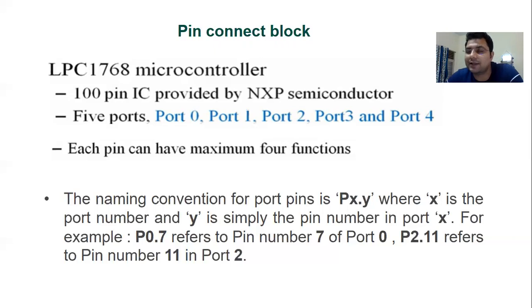We require a multiplexer. But out of 4 functions, one function we want to represent. So we have to configure that pin for that function. How can we configure that pin? There is one additional register for that purpose. That additional register is the pin select register.